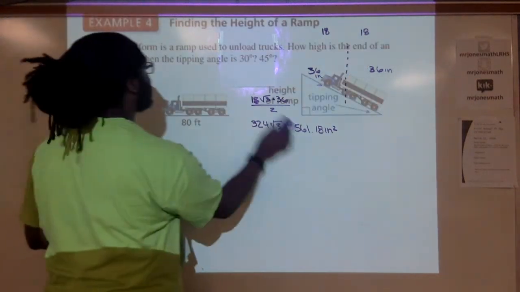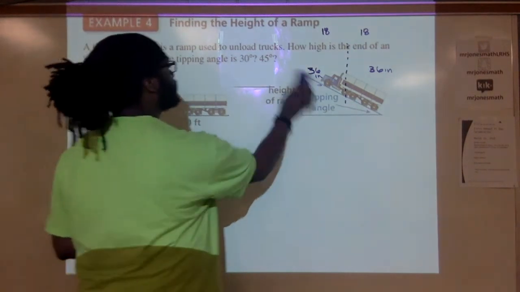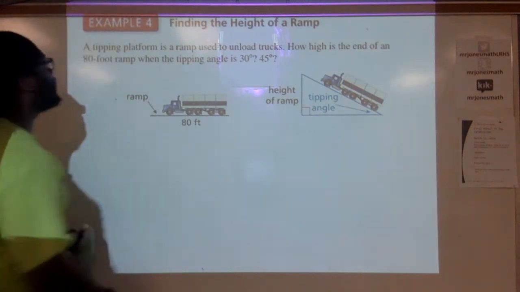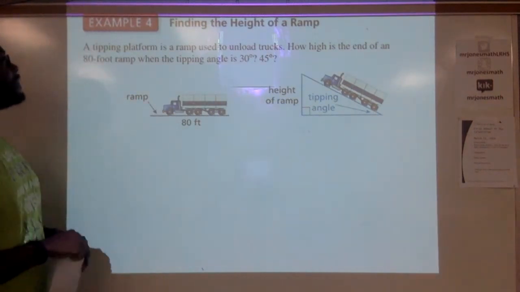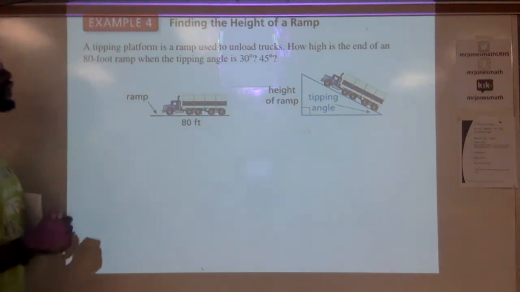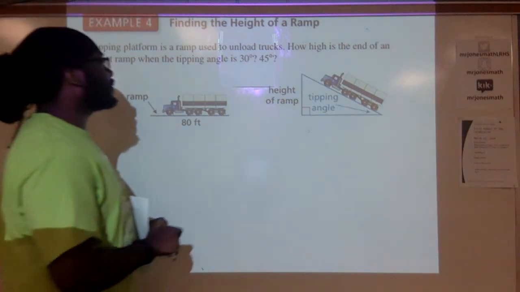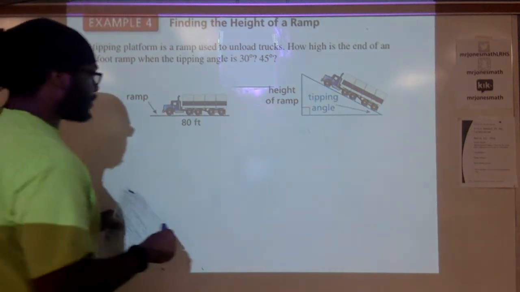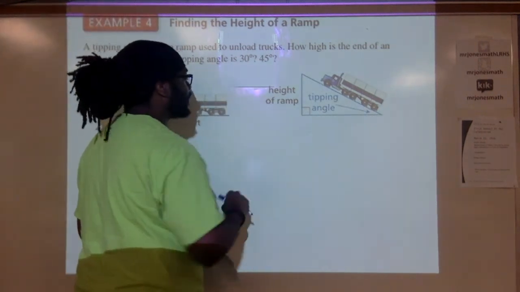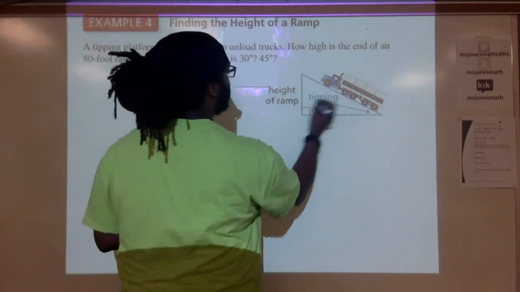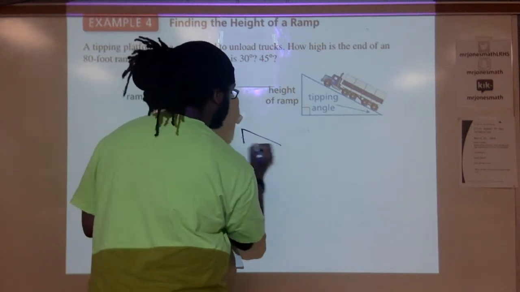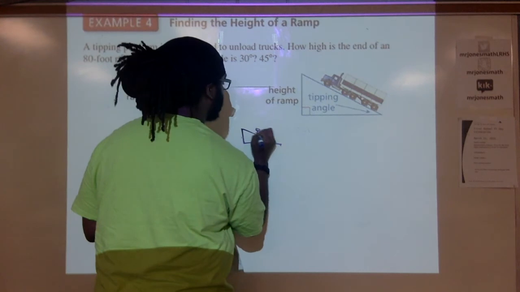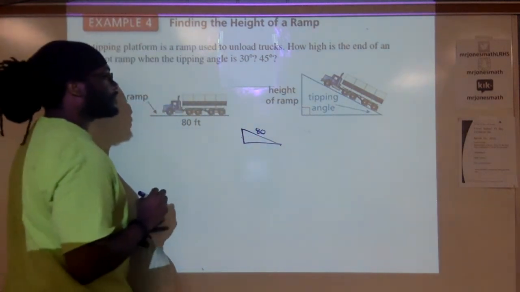All right, so we have a truck on a ramp. We want to find the height of the ramp if the tipping angle is 30 degrees, and then the height of the ramp when the tipping angle is 45 degrees. So if it's 30 degrees, we know that the hypotenuse is 80.